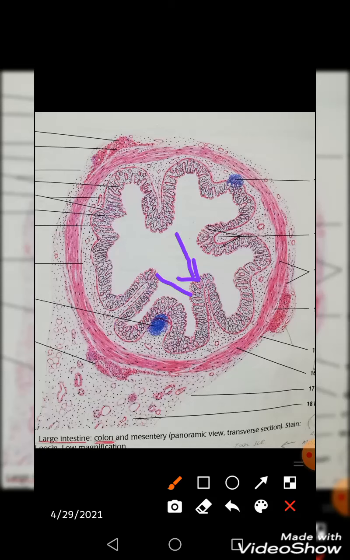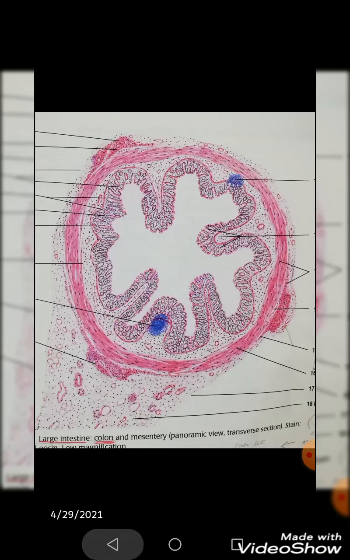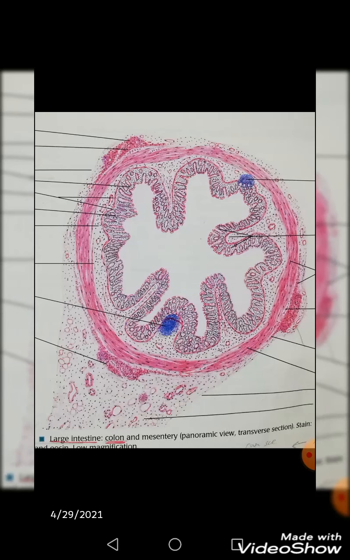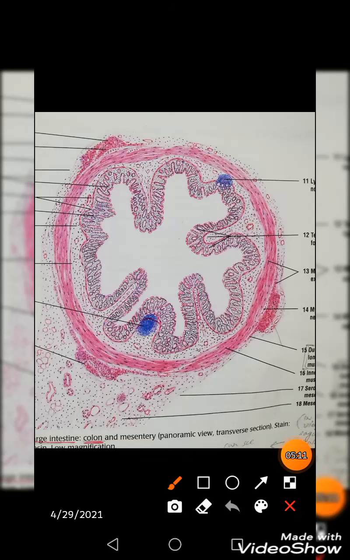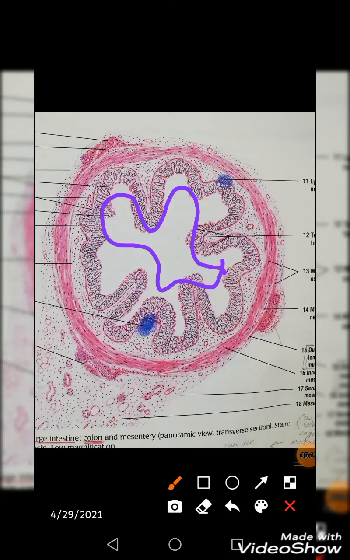Now you observe another thing here, that the mucosa is thrown into various folds, and these folds are temporary. When it gets distended, these temporary foldings will go away.